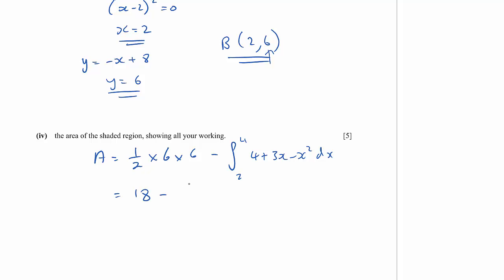Take away. So what have we got? 4x plus 3x squared over 2 minus x cubed over 3 from 2 to 4. So it's 18 take away.